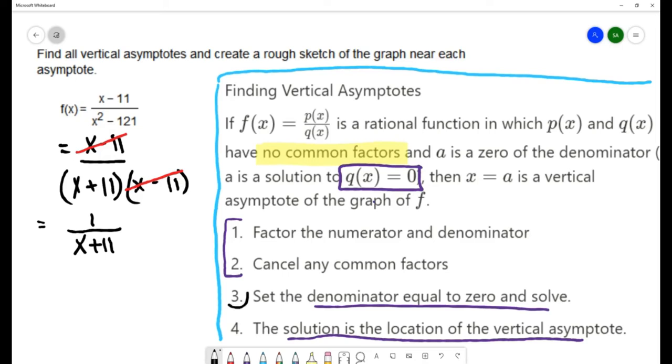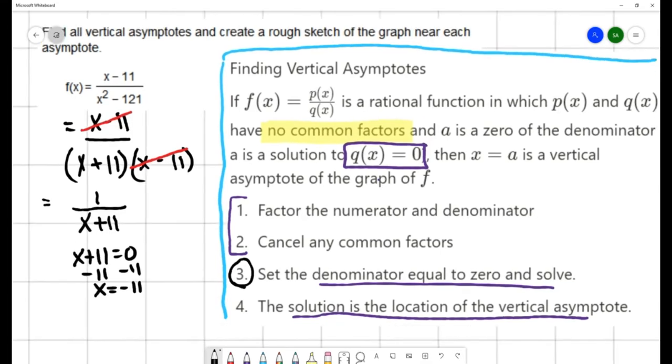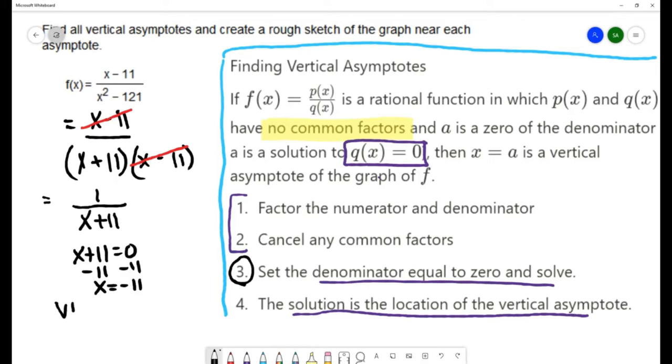So now we're going to set the denominator, x plus 11, equal to 0, and solve. And we get negative 11 as the solution, and x equals negative 11 is the location of our vertical asymptote. So we found the vertical asymptote.